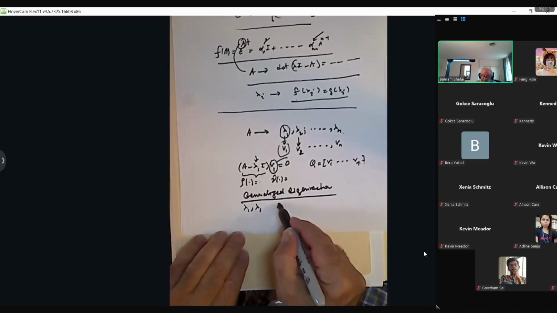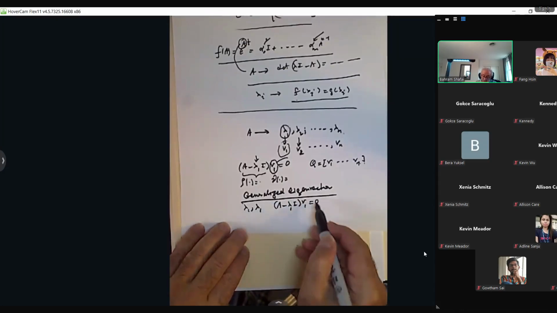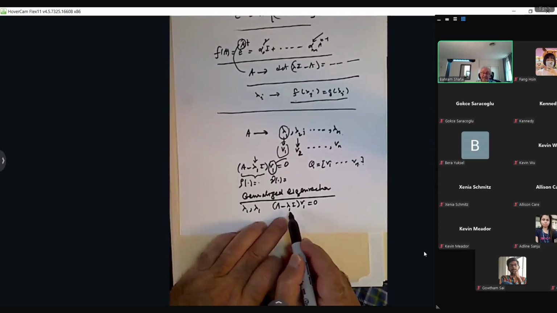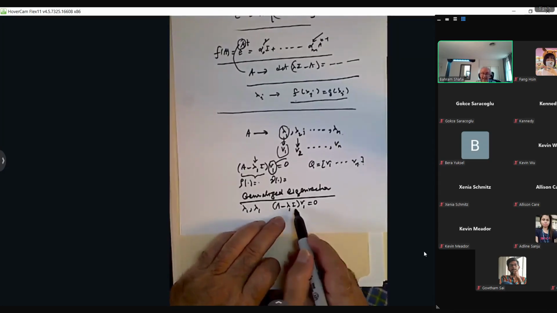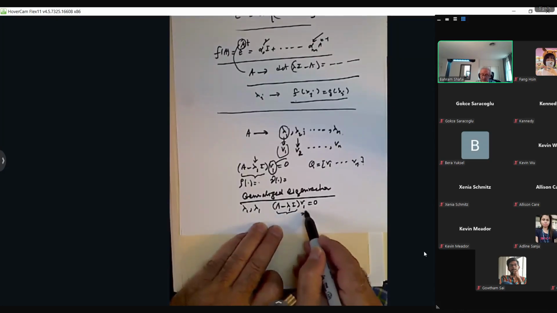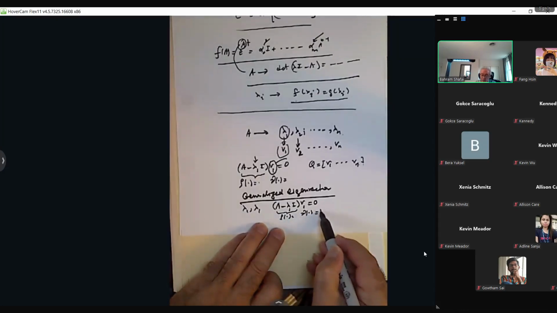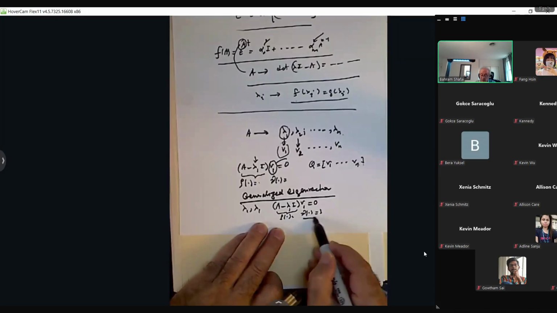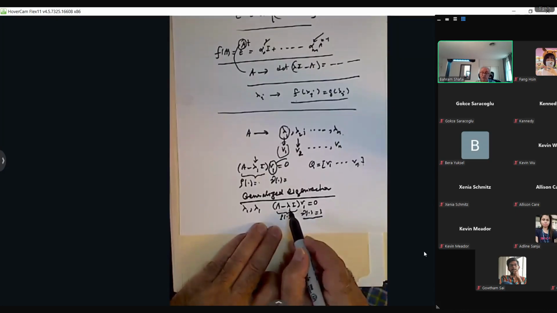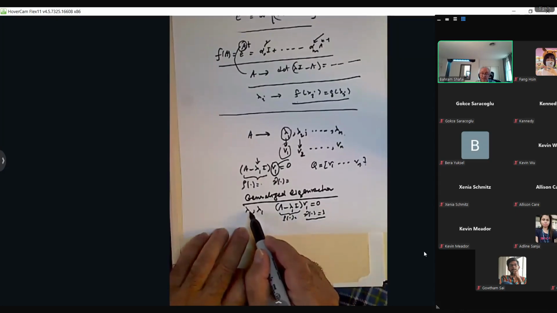When you calculate A minus lambda 1 I times V1 equal to 0, you can perhaps find that the rank becomes something and the nullity becomes 1. That means you can find only one linearly independent vector solution. So you pick that V1 for one of those lambda 1s.